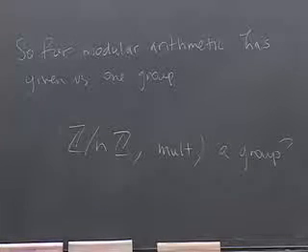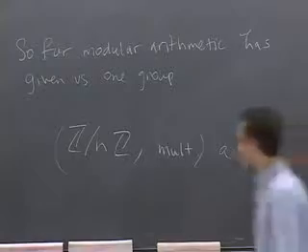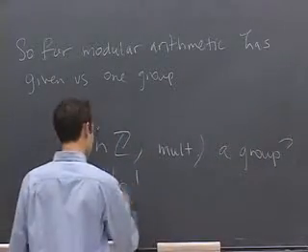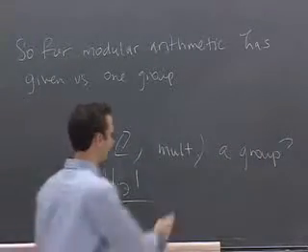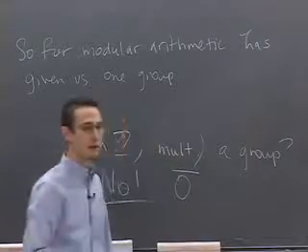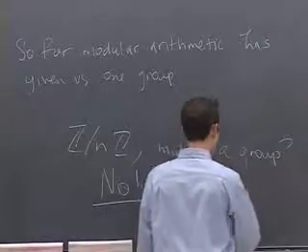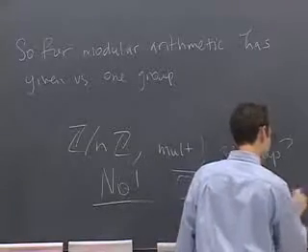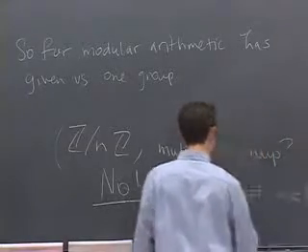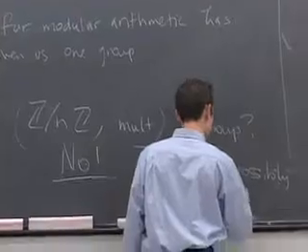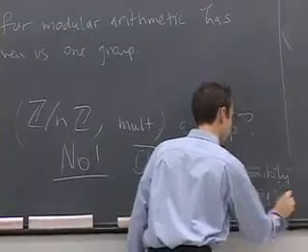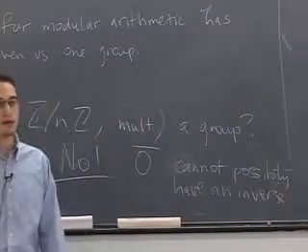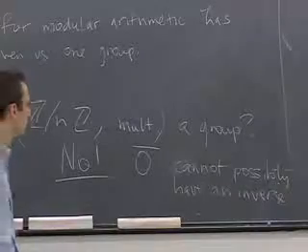Right, so this is definitely not a group. No. Because, for instance, 0 bar cannot possibly have an inverse, because anything that you multiply by gives you 0.